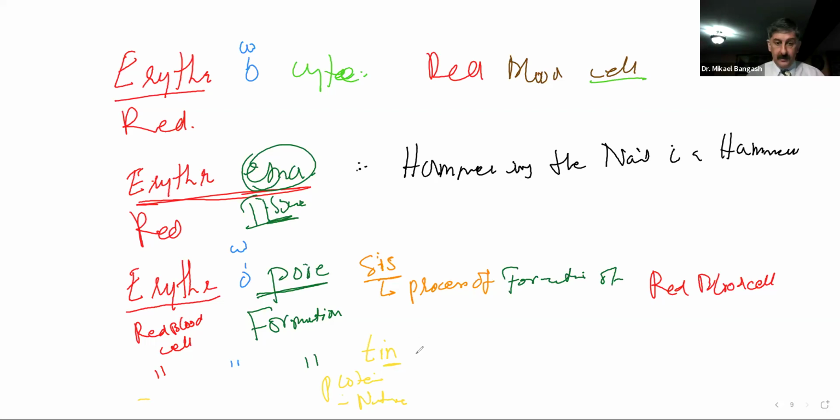Now please don't say that the word "tin" means hormone. No. This whole substance, erythropoietin, is functionally a hormone, and it is for the formation of red blood cells.